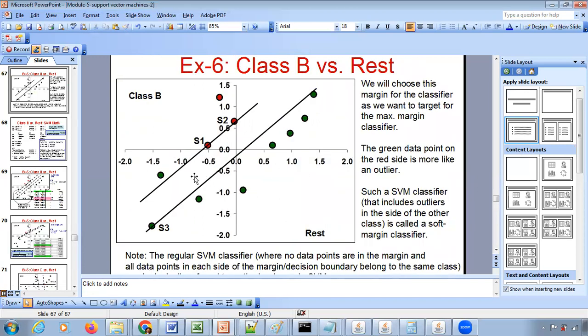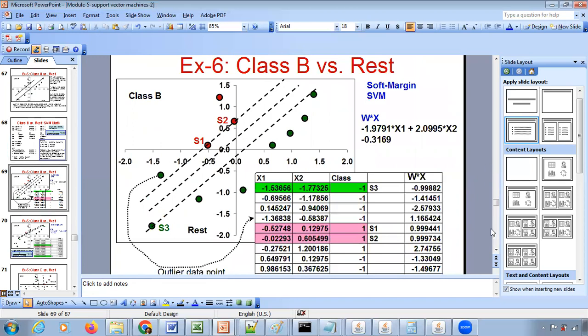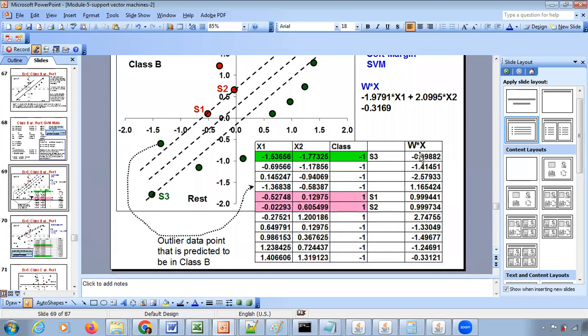Now, this is kind of a soft margin decision boundary because we came up with this decision boundary by letting this green data point belong to class B. So if you compute the W times X values for all the data points here, you see for S3, which is this green one, we get, as expected, close to -1.